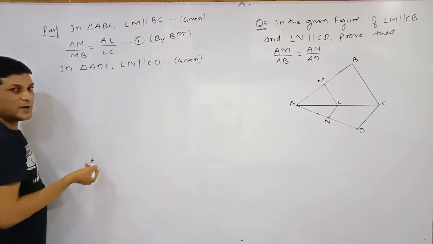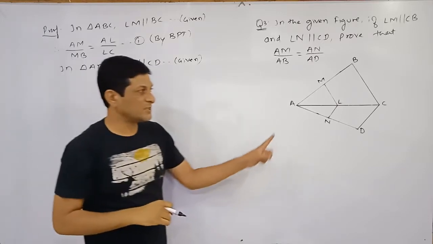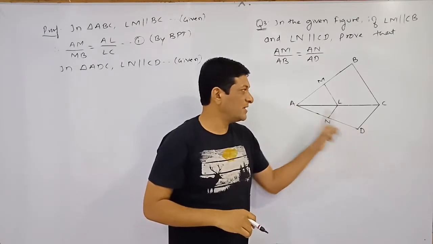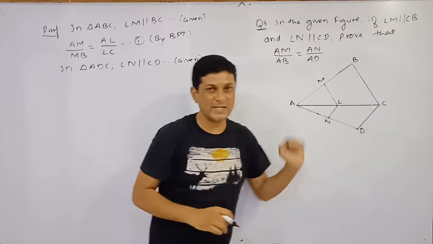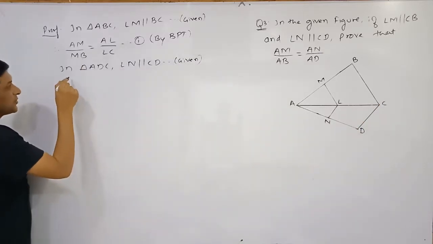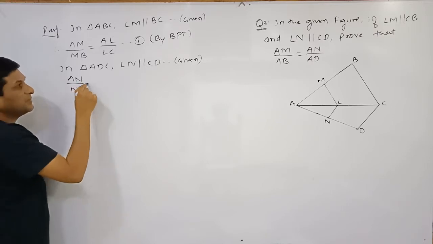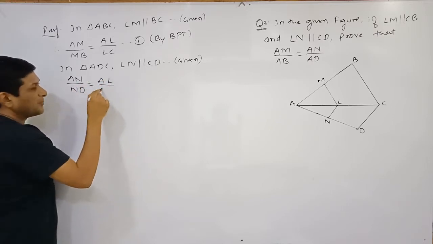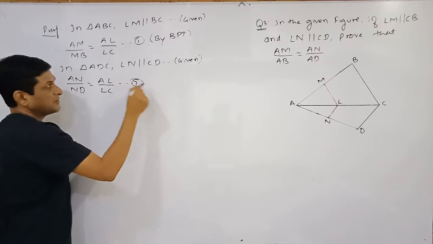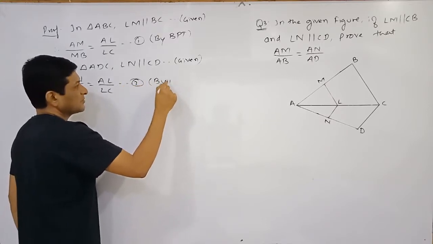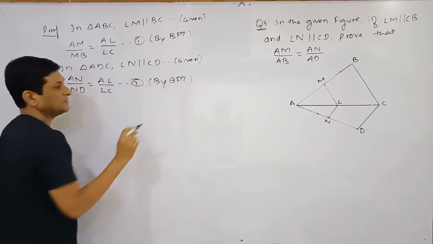So that's why, according to the basic proportionality theorem, which ratios are equal? AN upon ND will be equal to AL upon LC. So applying the basic proportionality theorem, AN upon ND will be equal to AL upon LC. Denote this by equation number second. This result also we have got by applying the basic proportionality theorem.